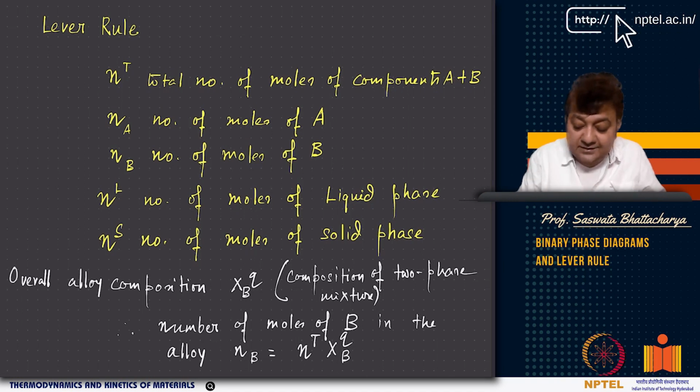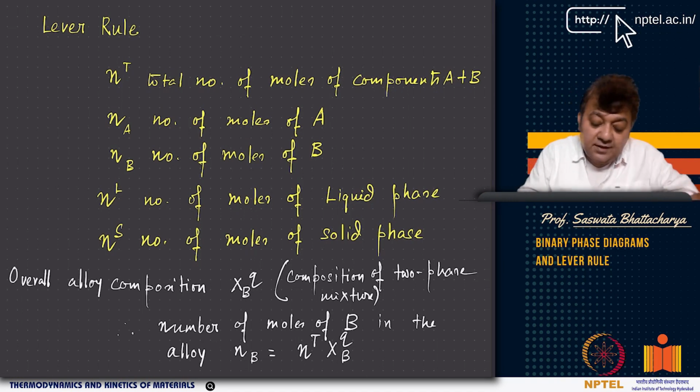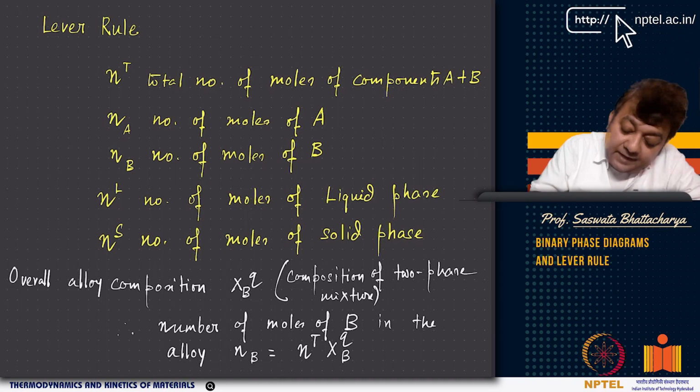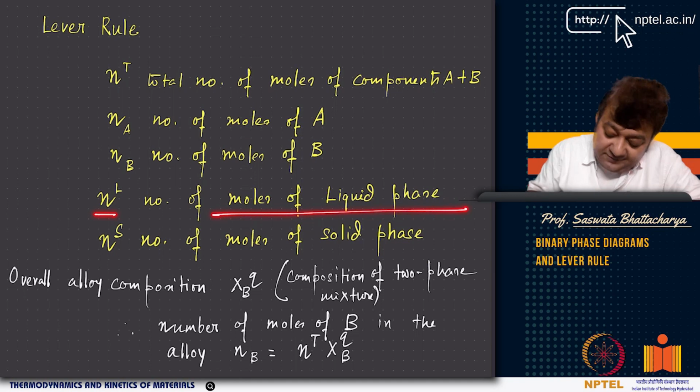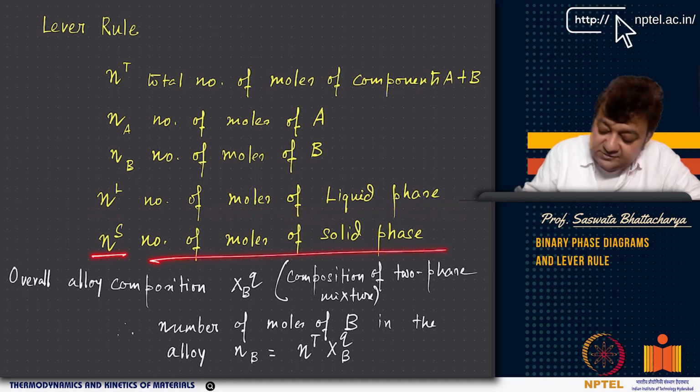I'll just end this with the derivation of the lever rule. You have NT, which is the total number of moles of components A and B, Na is the number of moles of A, Nb is the number of moles of B, Nl is the number of moles of liquid phase, and Ns is the number of moles of solid phase.